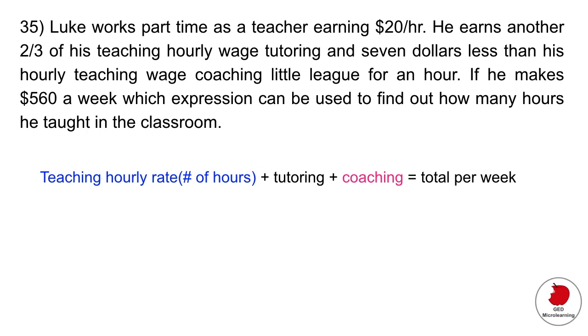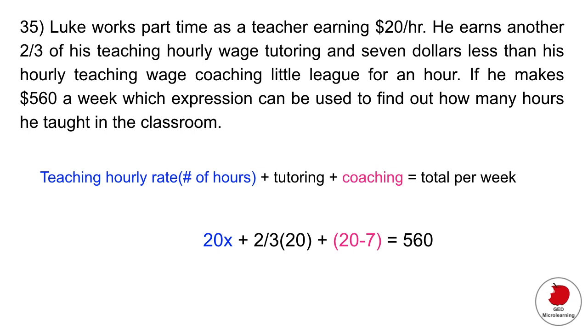Okay, so if we look at the question, they tell us that he earns $20 per hour of teaching. So if we put that in mathematical terms, it would be 20 multiplied by X. 20 represents the wage, so $20, and X represents the number of hours that he teaches. Plus, he also makes money tutoring, and they tell us in the question that his tutoring wage is 2/3 of his teaching hourly wage.